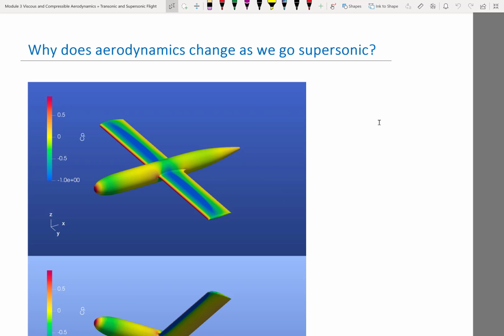So these are all computed using the same software as you were using for the homework. So whatever geometry you build, if you have spare time, you can launch additional calculations at higher speeds to see how your model behaves as it goes transonic and supersonic.